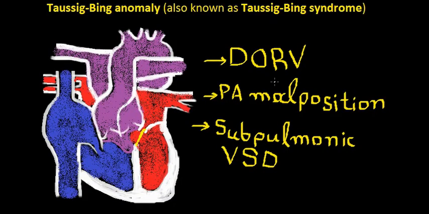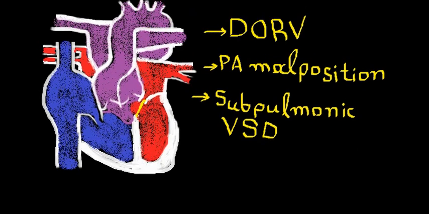So these are the three main characteristics, but there are some more clinical features. We can see a similarity of the clinical features of the dextrotransposition of the great arteries, another congenital defect, DTA.